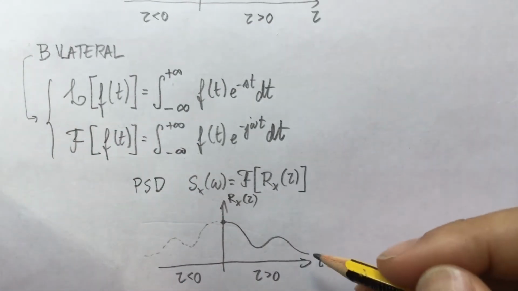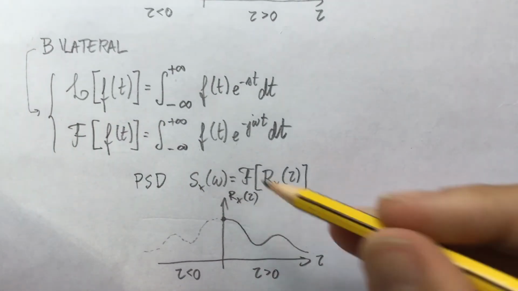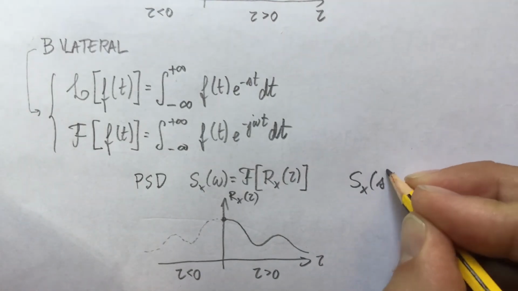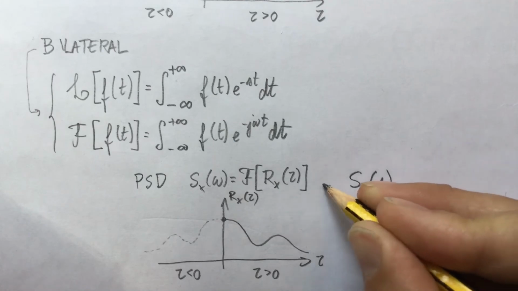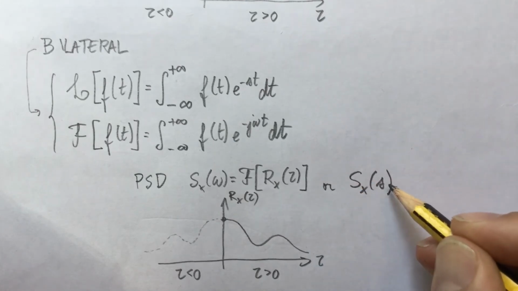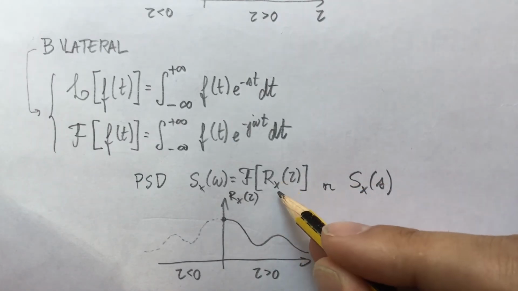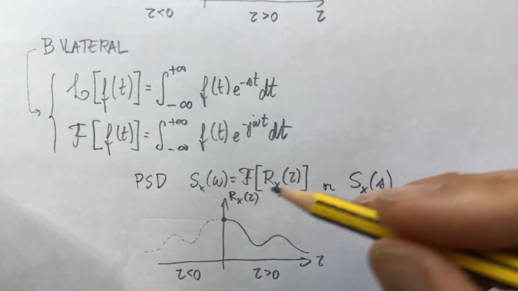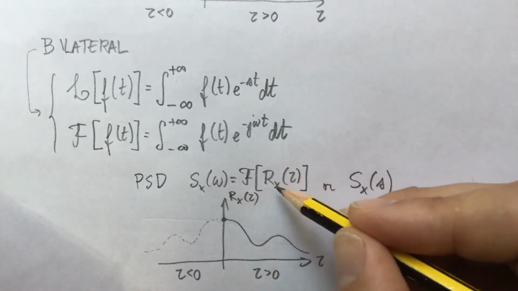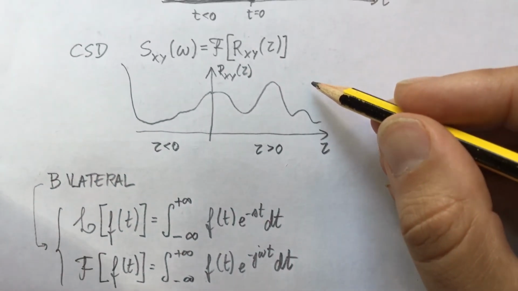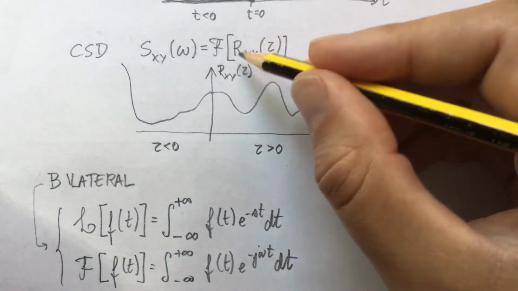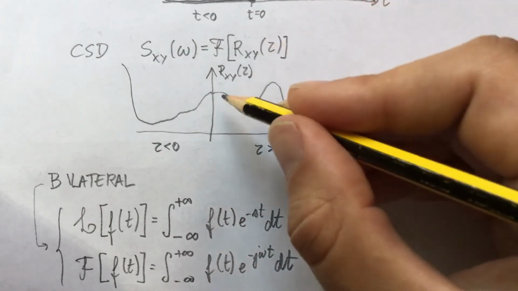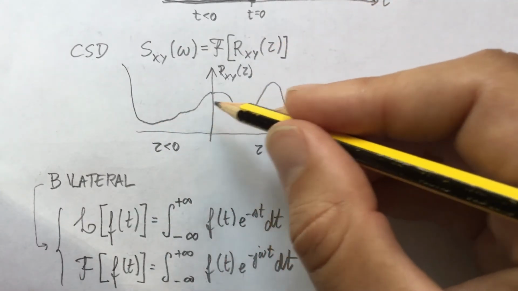Can't we here use the unilateral Fourier transform? Or if we give it as a Laplace transform, as the unilateral Laplace transform of the autocorrelation of x. Yes, but remember that the autocorrelation of a signal is the cross-correlation of the signal with itself. And in the general case, the cross-correlation is not even.